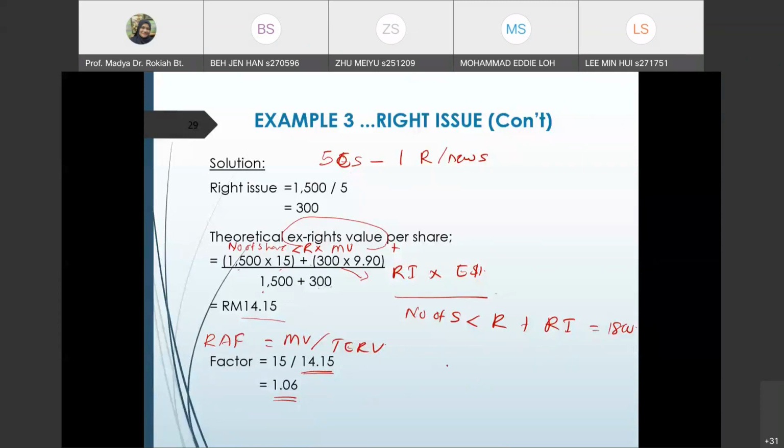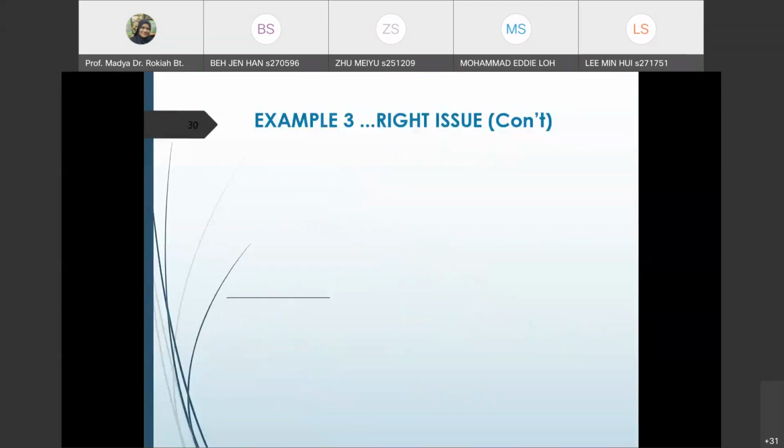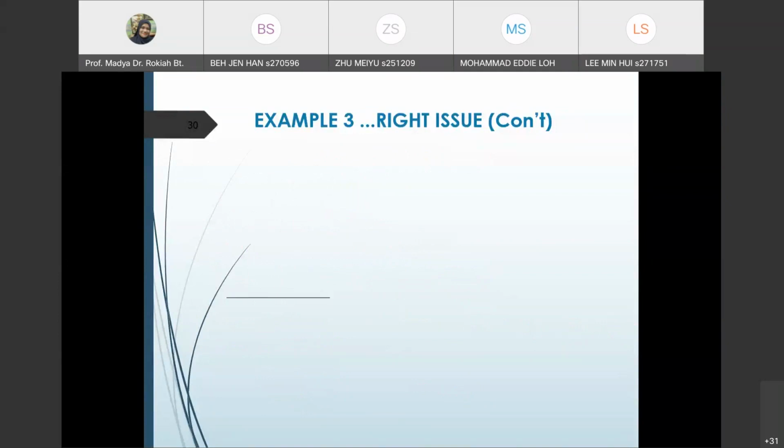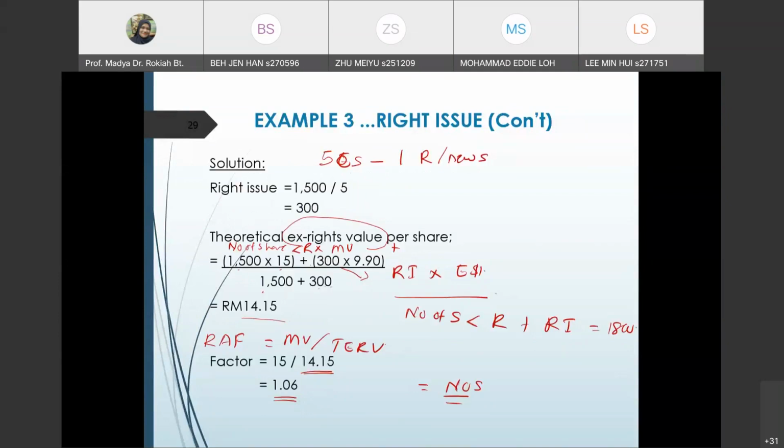From that rights adjustment factor, we are going to calculate the number of shares outstanding. Can we move back to this one? The formula for the number of shares outstanding is the number of shares before the rights issue times the rights adjustment factor.